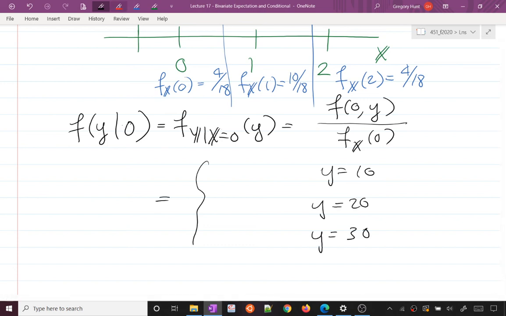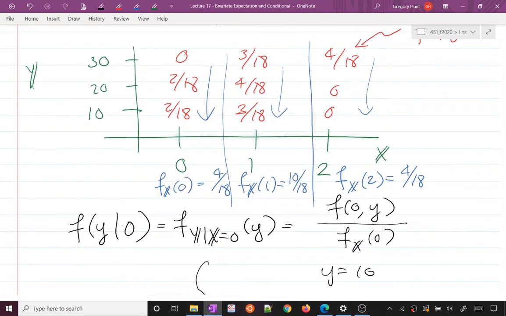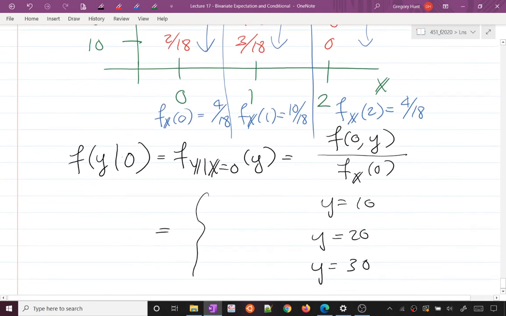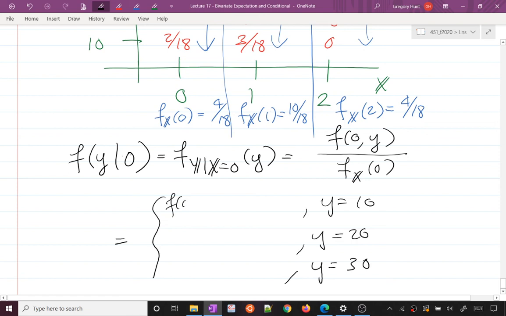So when y is 10, we have f of 0, 10 divided by fx of 0.